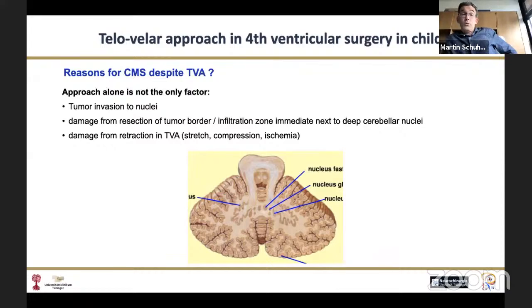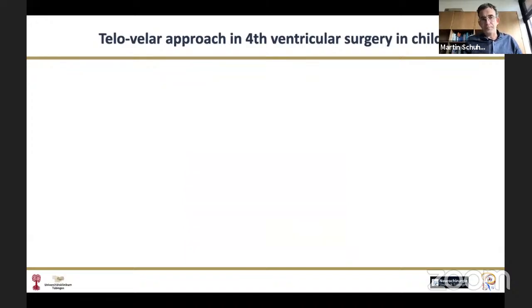And we certainly also have a problem from retraction, especially in TVA. Henry made the point that you should have dynamic retraction and relax as often as possible. If you want to reach up very high, you need a good dissection, and if you don't have full exposure of the fissure, too much retraction might actually damage part of those nuclei you want to save.